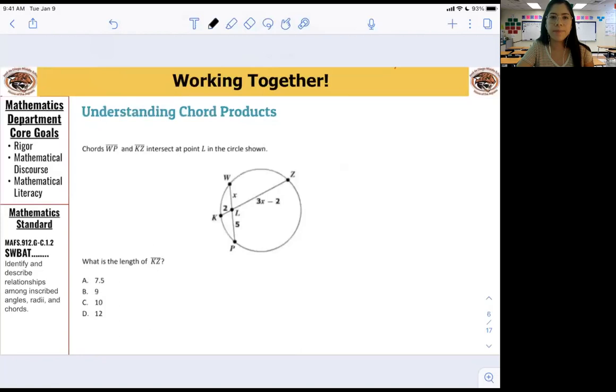Let's see how we do. KZ, that would be, yeah.